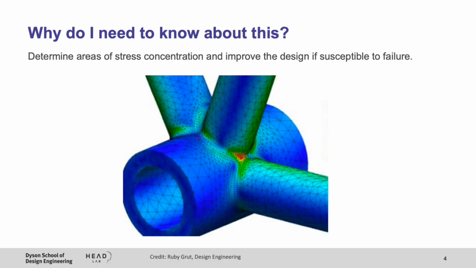So, as I mentioned, solid elements allow us to determine the areas of stress concentration and improve the design of our structure if it is susceptible to failure, like this bicycle frame, where solid elements have allowed us to see the location of stress concentration here, and we can subsequently improve the design computationally.